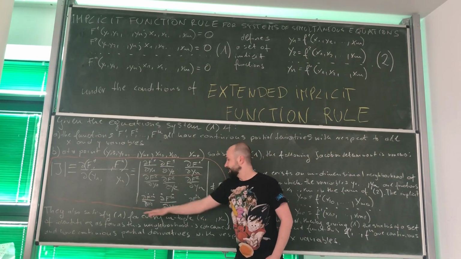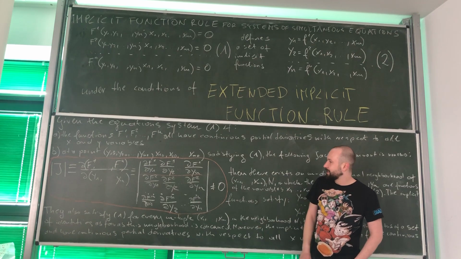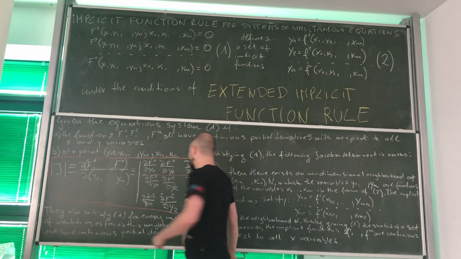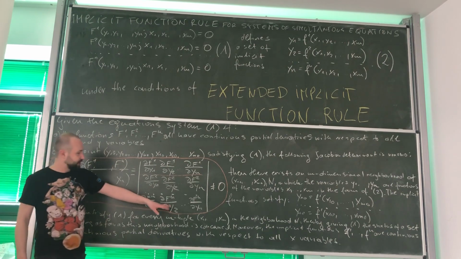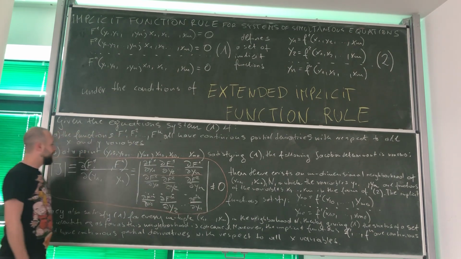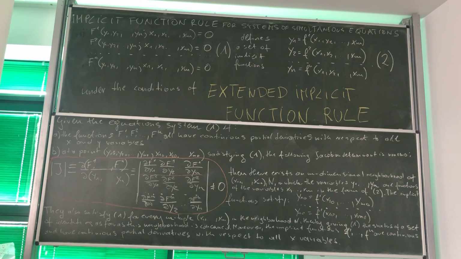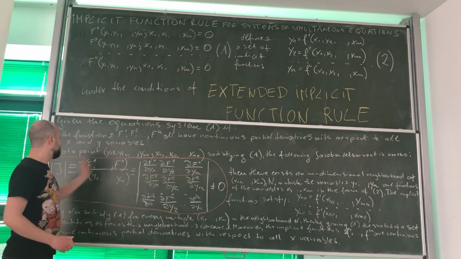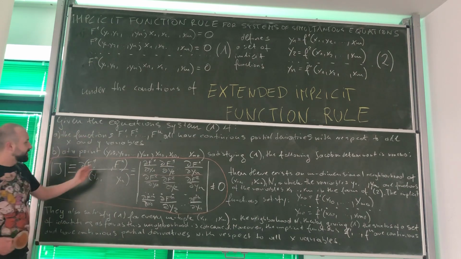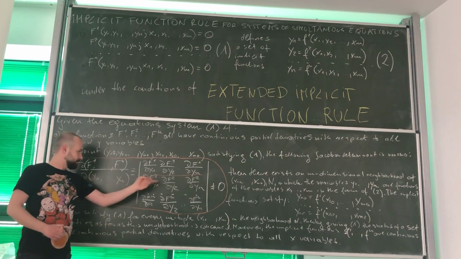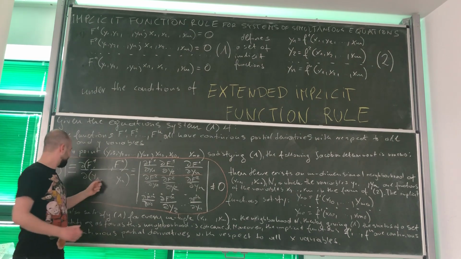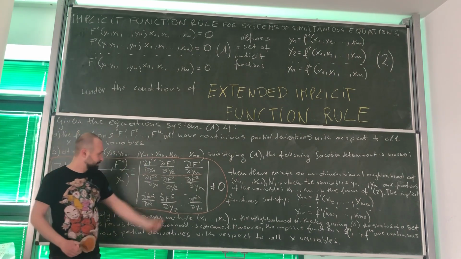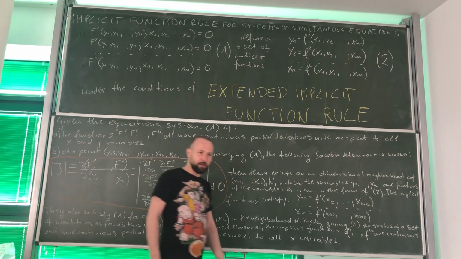And then I'm doing it like this until I'm at the last row, and I'm differentiating the last function with respect to all endogenous variables. Okay, so basically we need to just differentiate every function in each consecutive row by each endogenous variable in each consecutive column.